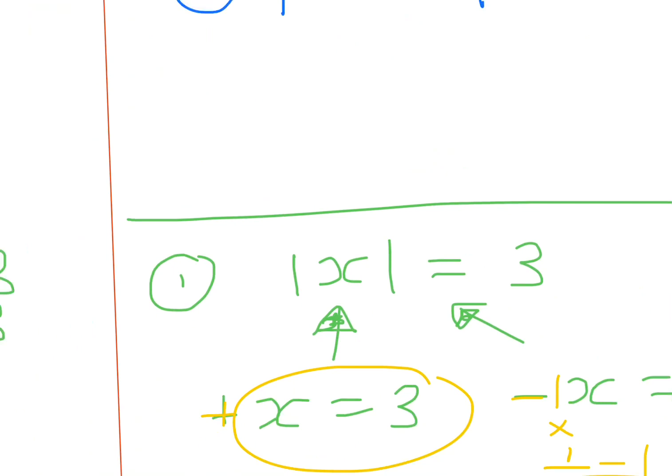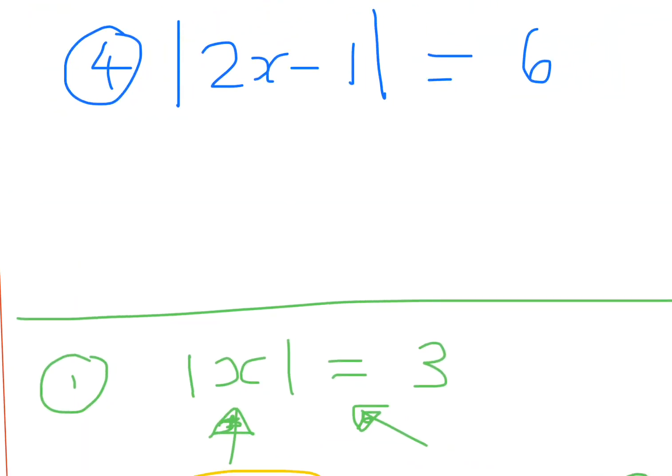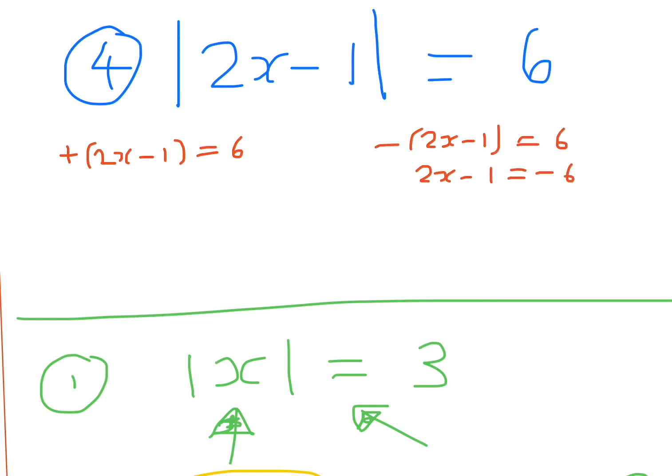Okay, so let's have a look at this one here. Pull it down. What's inside there could be positive. So 2x minus 1 equals 6, and minus 2x minus 1 equals 6, so 2x minus 1 is minus 6. You can go straight to that if you want to.